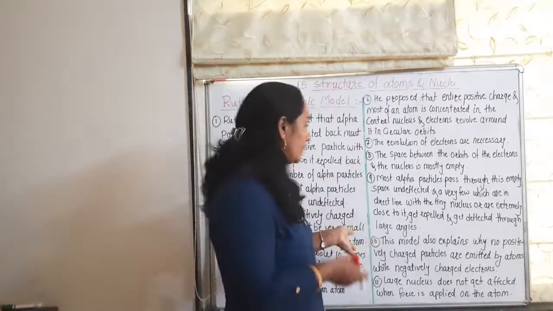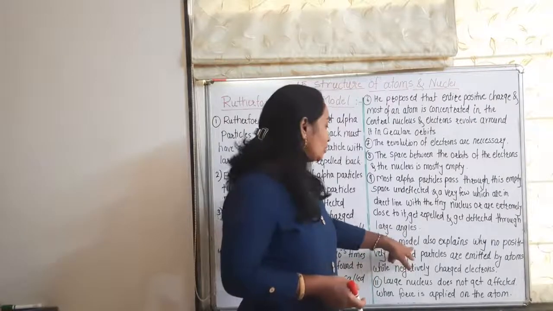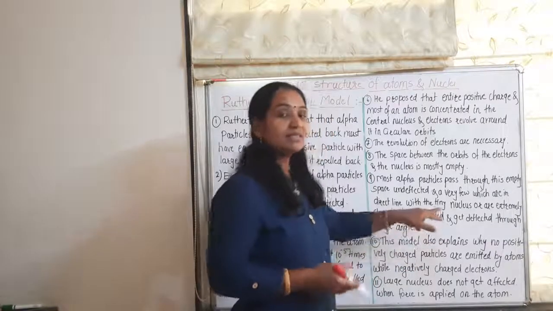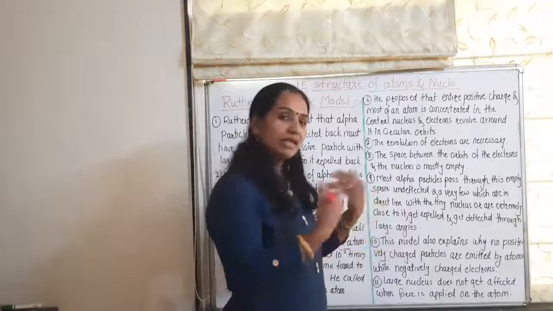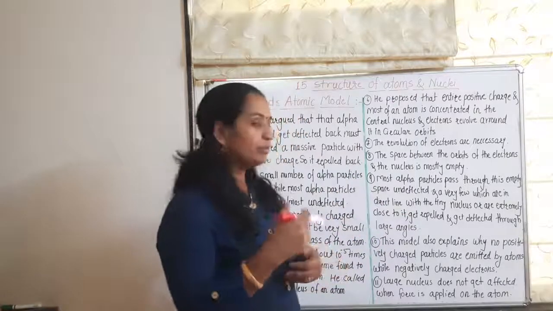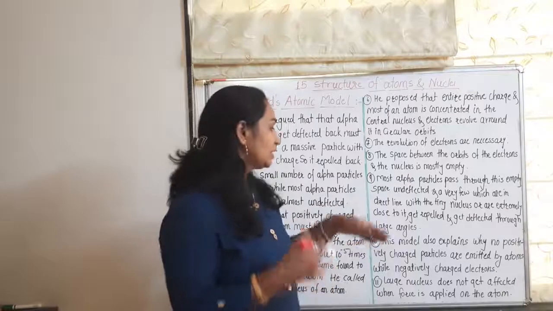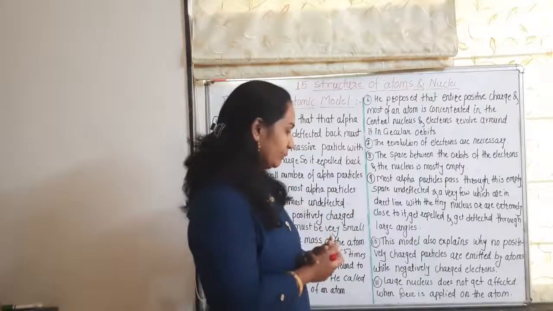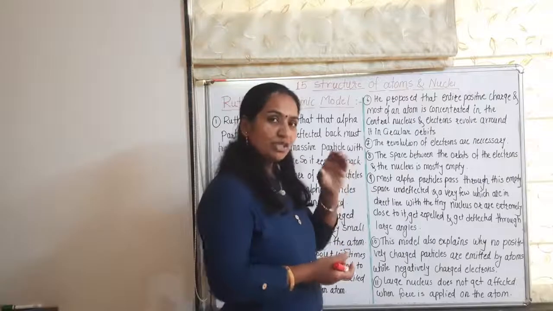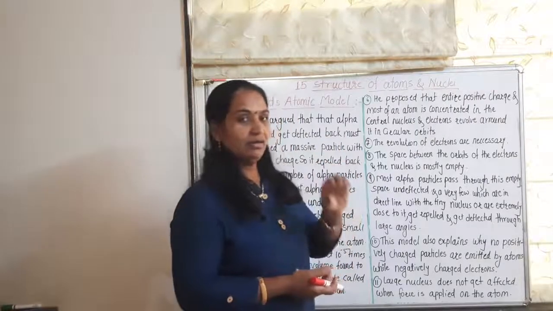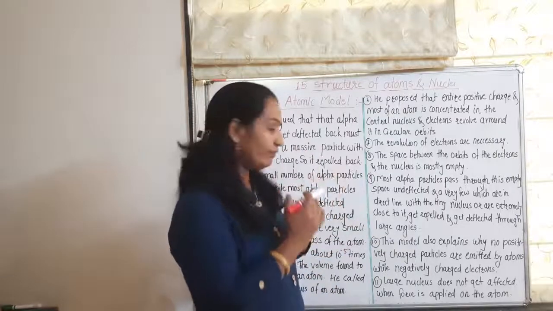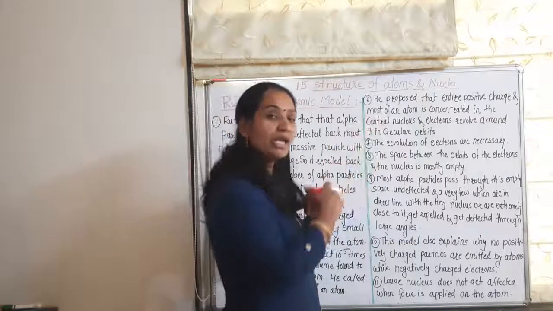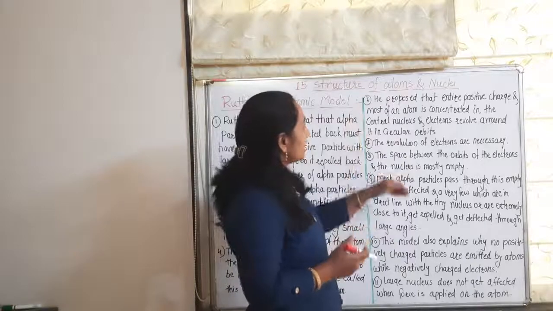According to the Rutherford model, he gives the reason behind it, while the negatively charged electrons are emitted. Because the nucleus at the center has most of the mass, it is not deflected if a force is applied on it.